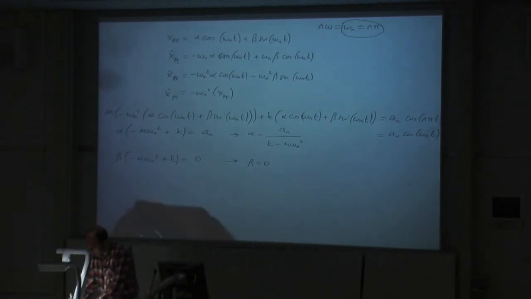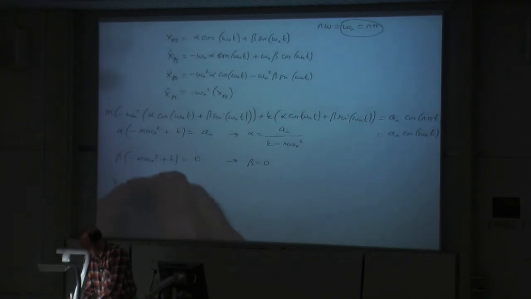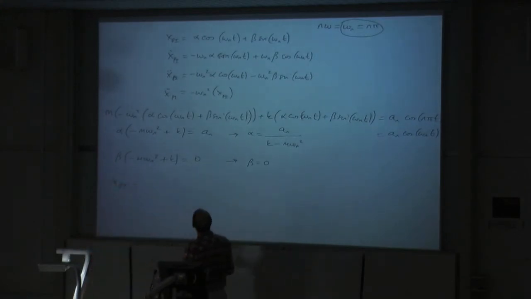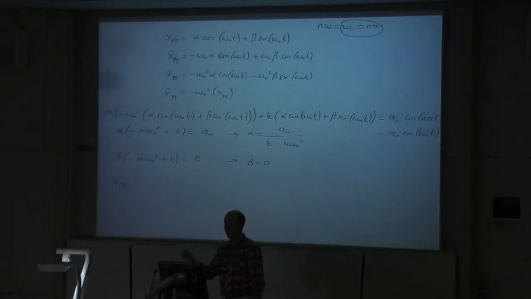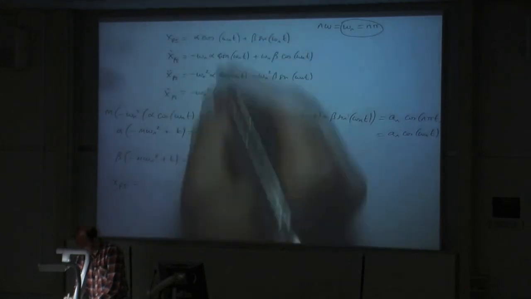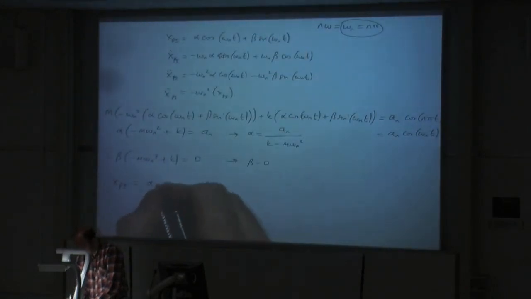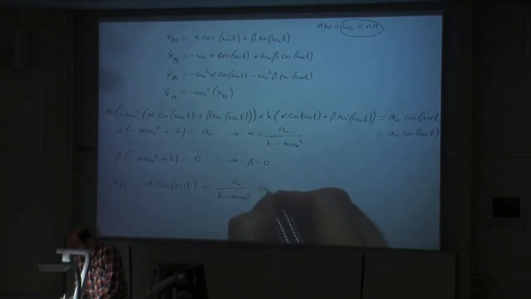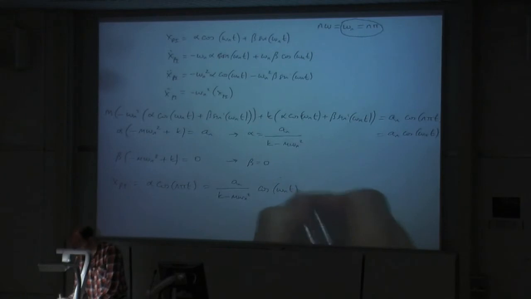So for x particular, for when n equals 1, 2, 3 and so on, we have alpha times cosine of n pi t. So that's a n divided by k minus m omega n squared cosine of omega n t.